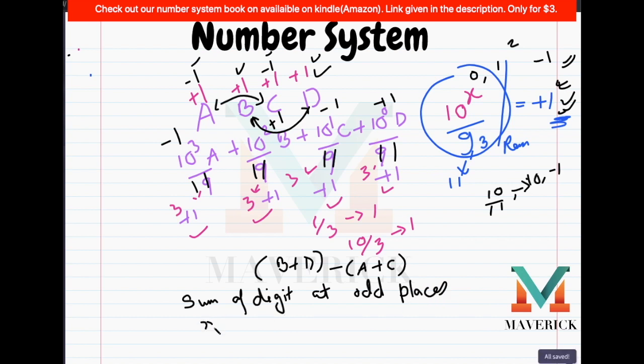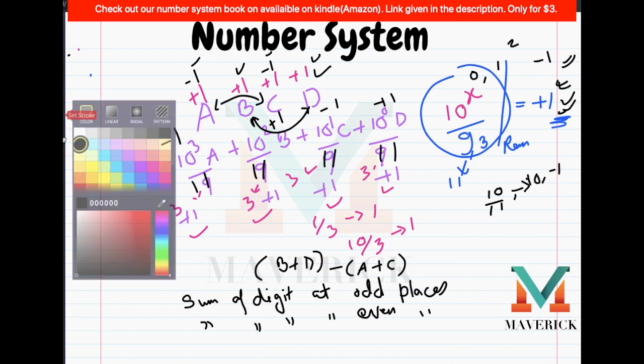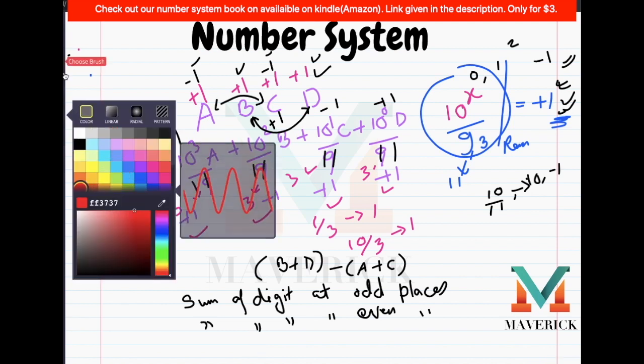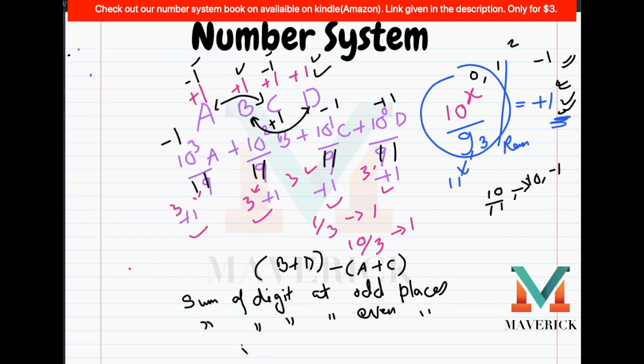Now why do we do this? We do this because digits at odd places will carry a plus 1 sign, all of them, and digits at even places will carry a minus 1 sign. So in short, you just need to take the difference between digits at odd and even places. Not odd numbers, odd and even places. You'll get the answer. That's the divisibility rule for 11.